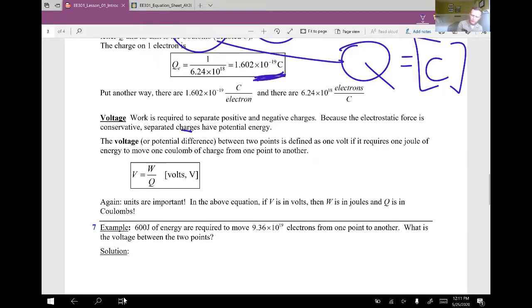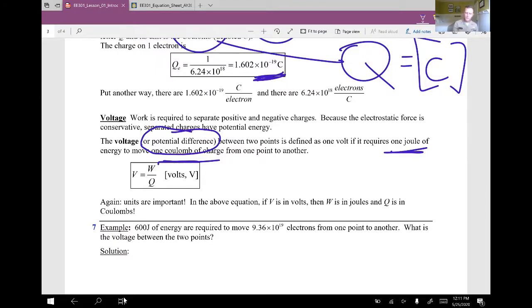But the key word with voltage is right here, potential difference. If we think of it as an electrical potential difference, I have 2 points along a circuit, and we're going to get to circuits later, but we have 2 points that are electrically separated, and how much work or energy does it take? It takes 1 joule of energy to move 1 coulomb of charge. That's its electrical potential difference.